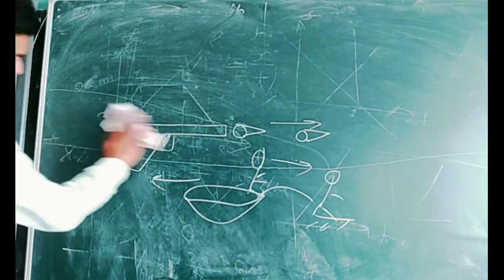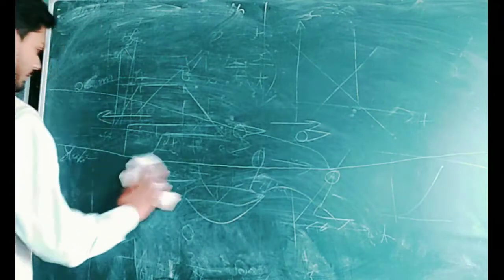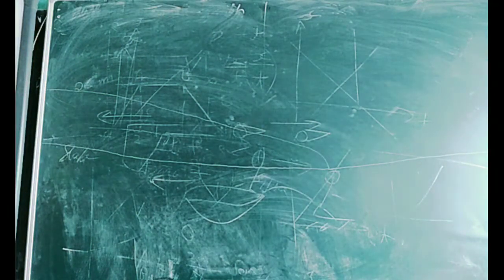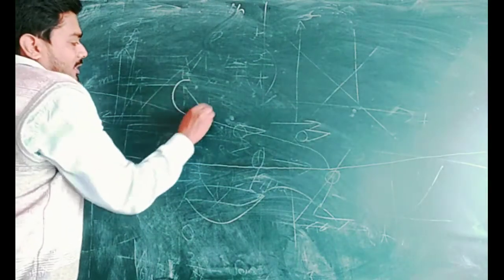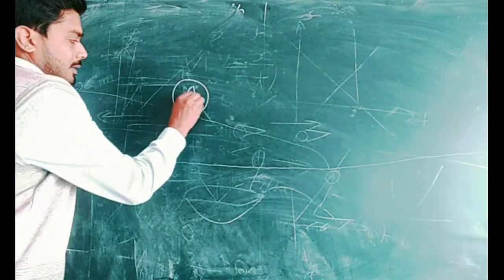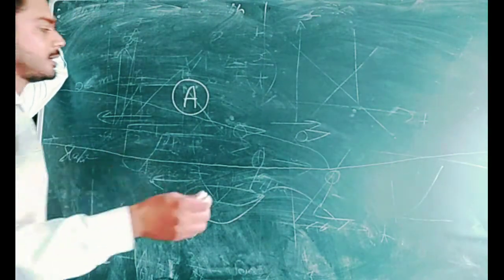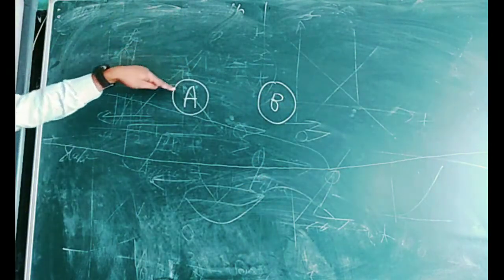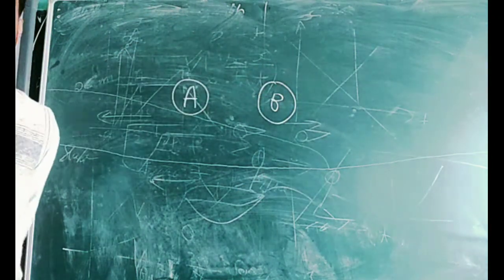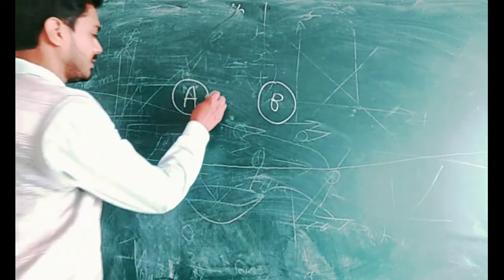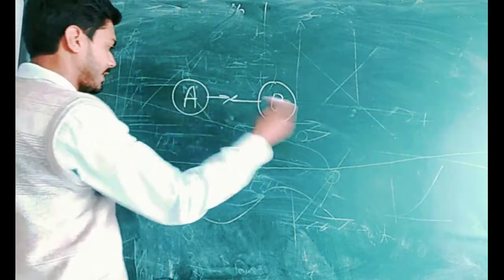Students, to express the third law of motion, you can consider a body A, suppose a ball is there, and another body B. These two bodies are colliding or interacting with each other.